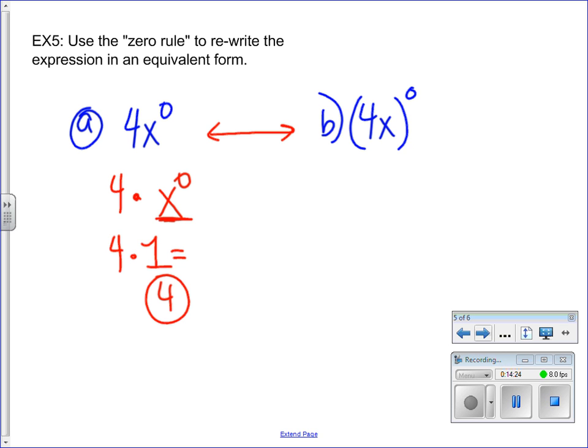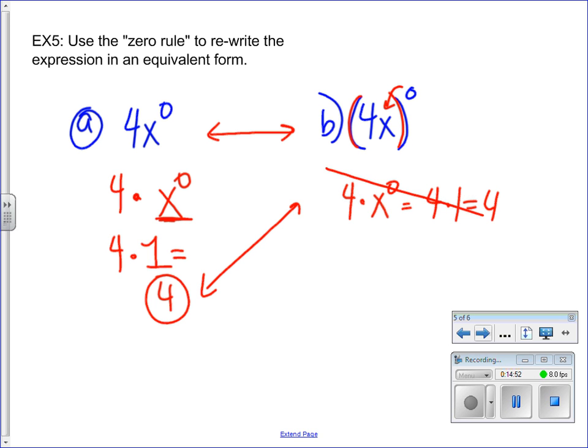Now for the second part, part B, now the 4x is all in parentheses. What happens is people tend to only apply the 0 to the variable. So here's what would happen for a common misconception. We would leave the 4 there, do x to the 0 power, they would get 4 times 1, and they would get 4, making these 2 answers the same.